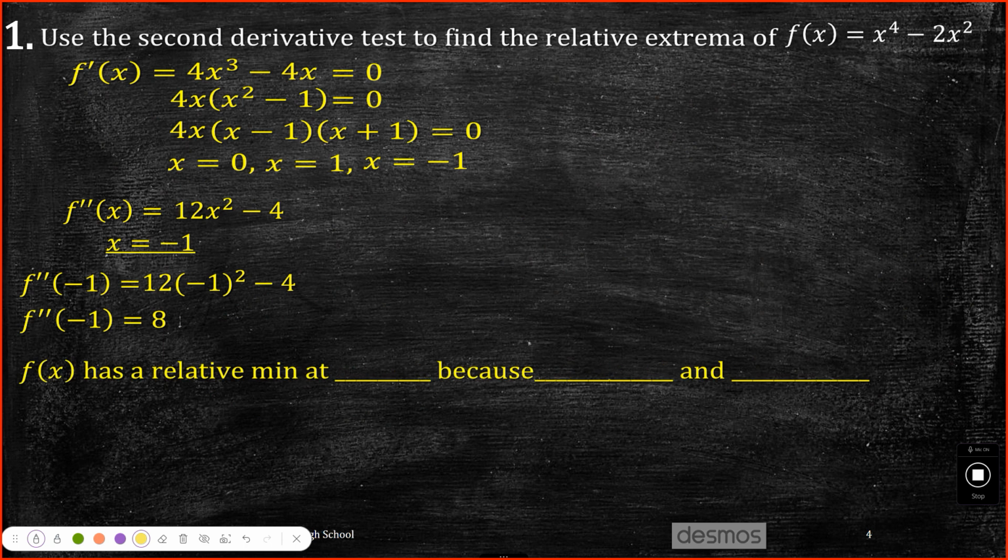F of x has a relative min at x equals negative 1 because f prime at negative 1 is 0 and f double prime is positive, greater than 0, concave up.